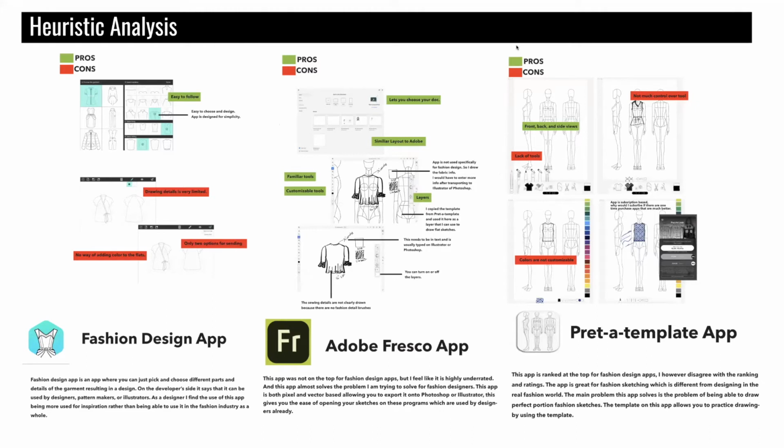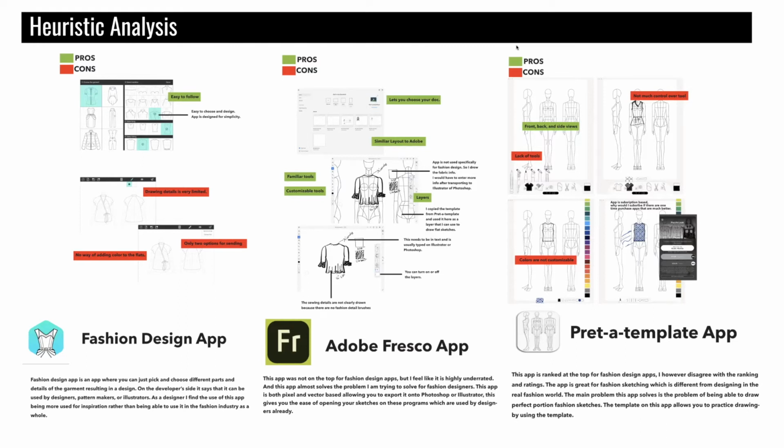These are some of the existing apps that I found when I was doing the heuristic analysis. There are 3 different apps, but they do 3 different things. One already has flat sketches in their library, which is the fashion design app, and the Adobe Fresco app is an app where you can sketch, but it doesn't really help with the technical sketches that a designer uses.